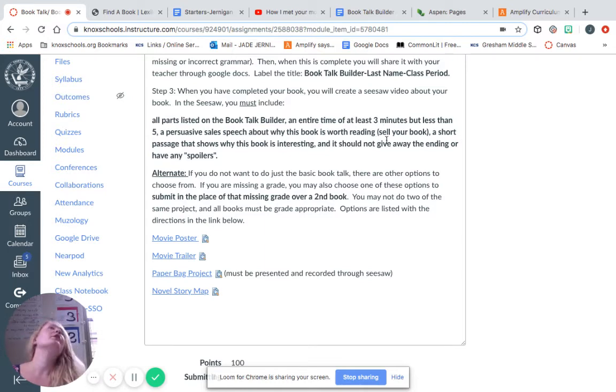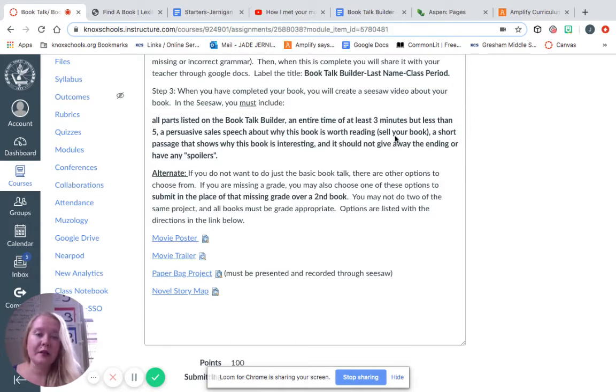So for example, if I were talking about the Claudette Colvin book, I could say my Claudette Colvin book was really engaging because it talked about one girl's personal experience and how she had to overcome so much adversity during her time in the civil rights era. You would want to include why we should read that book.